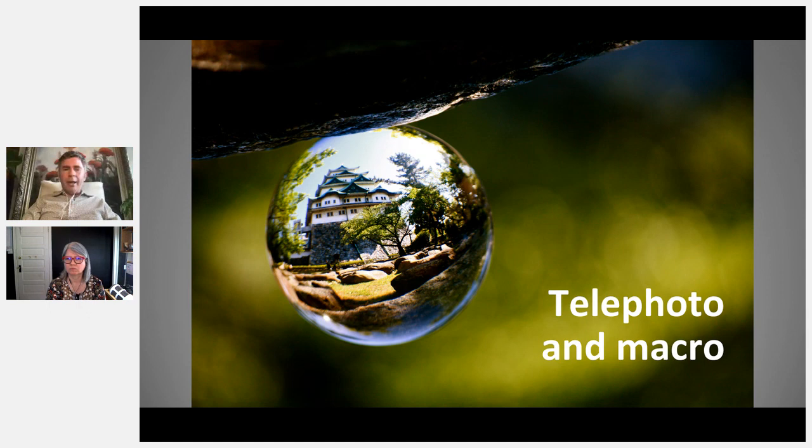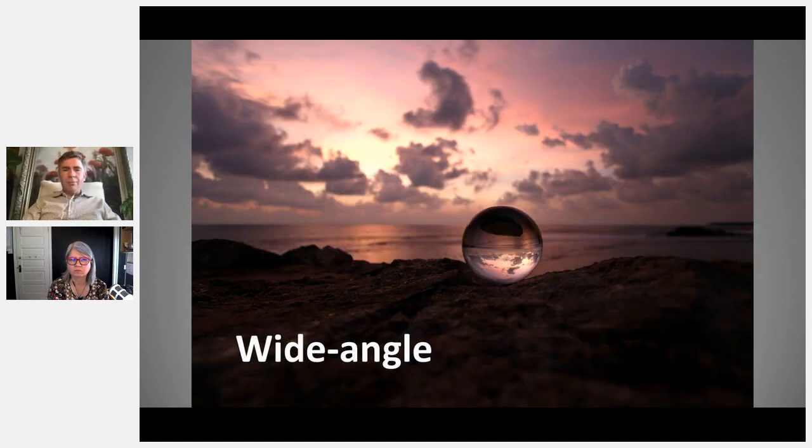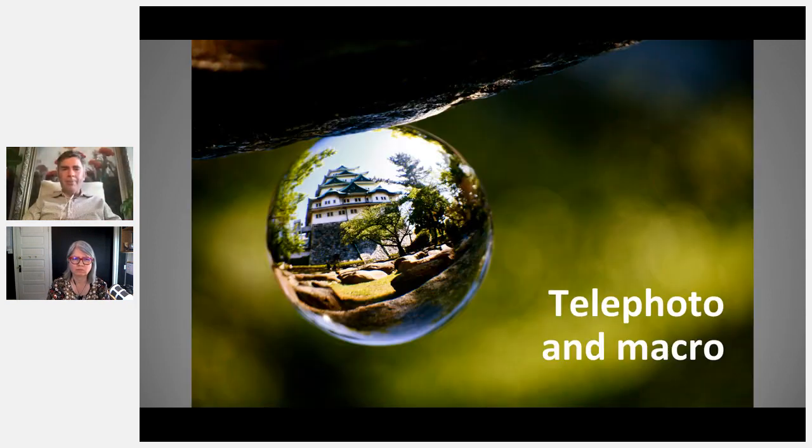Okay, the next kind of strategy, so just to recap, this is wide angle. In this case, I wanted to include that background because I like that interesting sky. In that picture, somebody wants to know the distance to the ball in the last one at the sunset.